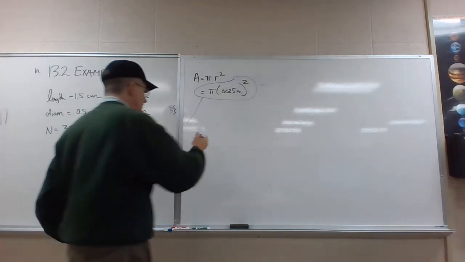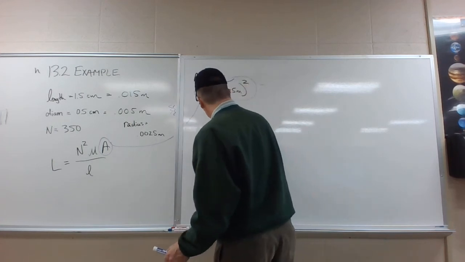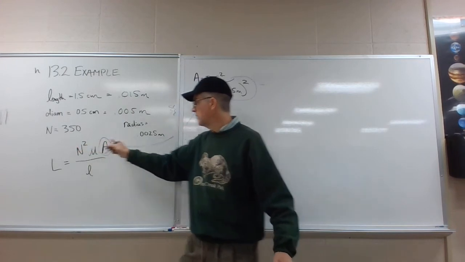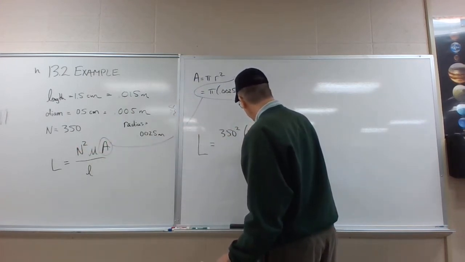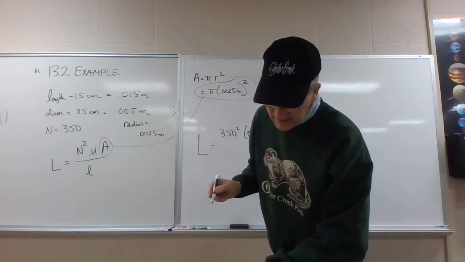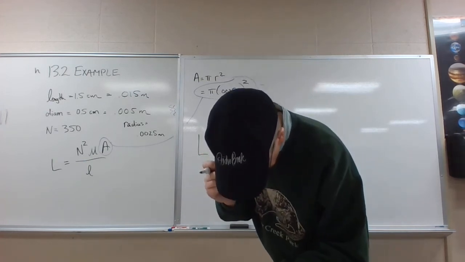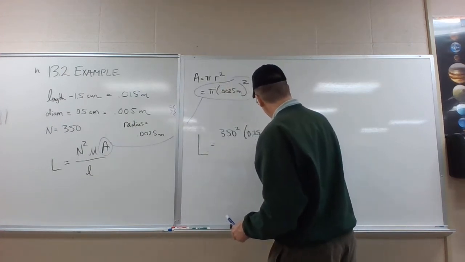So now L is going to be equal to 350 squared. That's N squared, 350 squared. Mu is 0.25 times 10 to the -3 henries per meter.